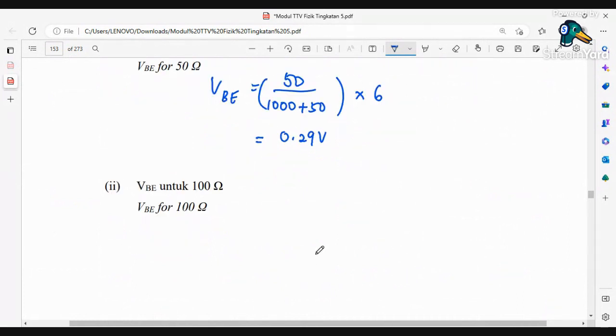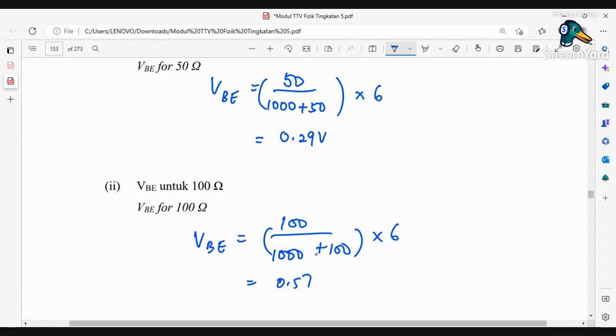Okay, part 2 is VBE for 100. So we have VBE equals 100 divided by 1000 plus 100 times 6. So this one will get the answer, 0.57 volt.